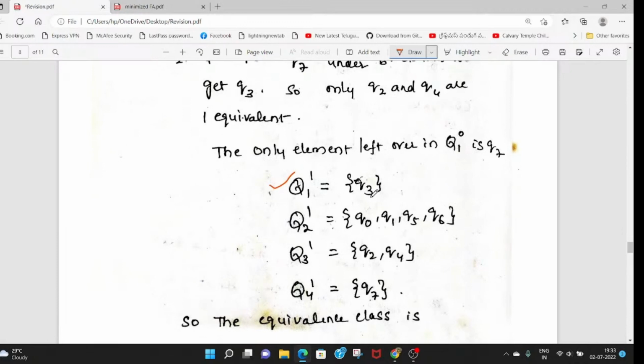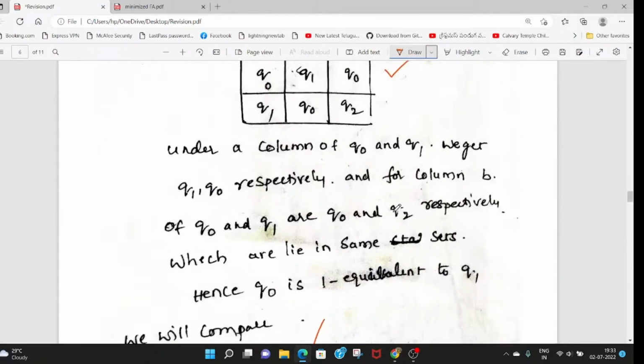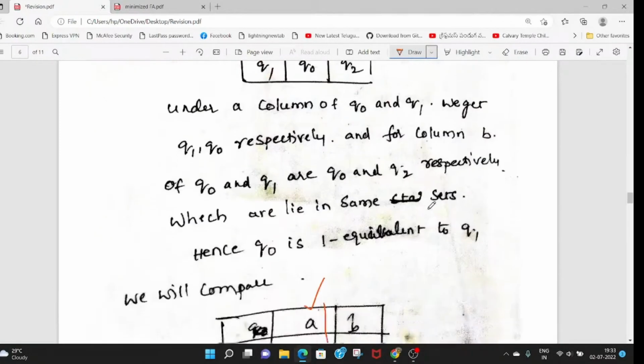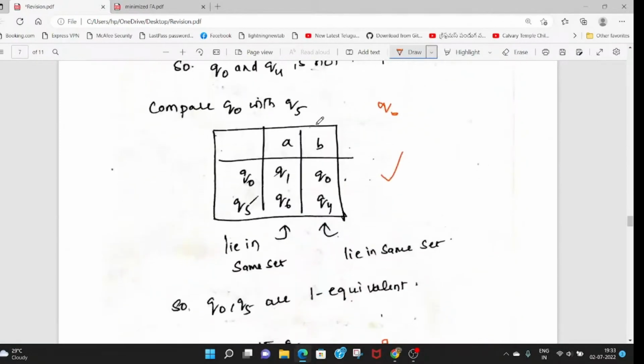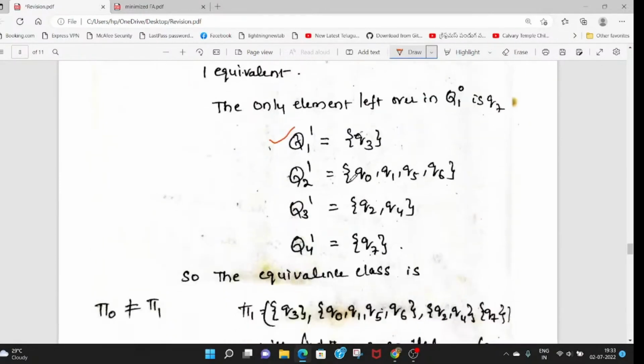Q1, which is a final state, I am including from my 0th level, and after that I am getting the states. See here, some of the states we included with Q0. What are the states? Q1, and here it is Q5 and Q6. So now you can include those along with Q0: Q0, Q1, Q5 and Q6.